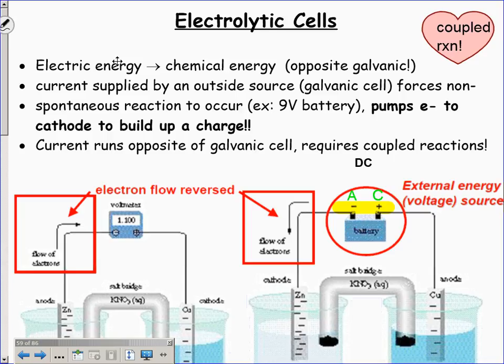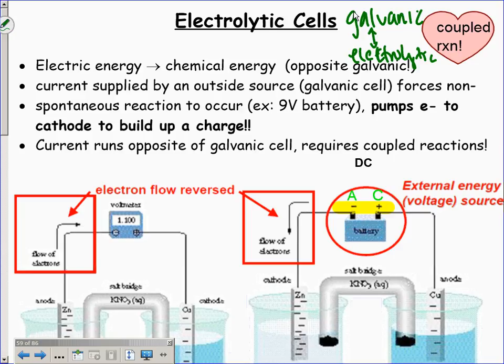And so this has to be a coupled reaction, because coupled reactions are going to take that galvanic cell and use it with an electrolytic cell. And the energy that's given off from the galvanic cell is going to drive the electrolytic non-spontaneous reaction to occur.